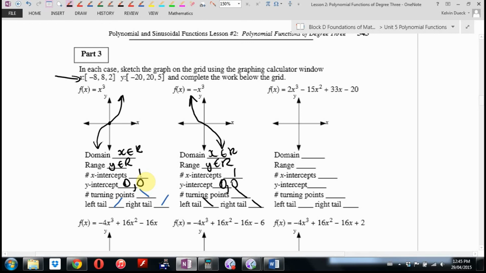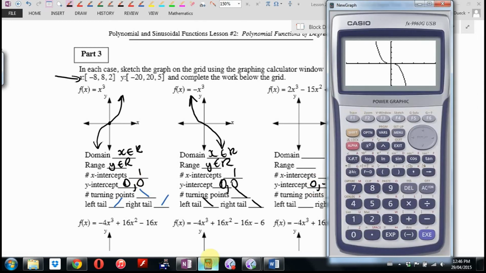F, third one. Before we even graph, look at this third one. What's the y-intercept? 0, comma, negative 20. Let's go see what this looks like.